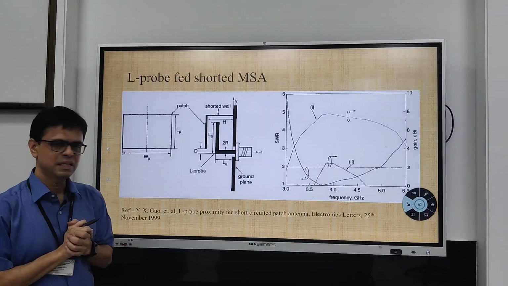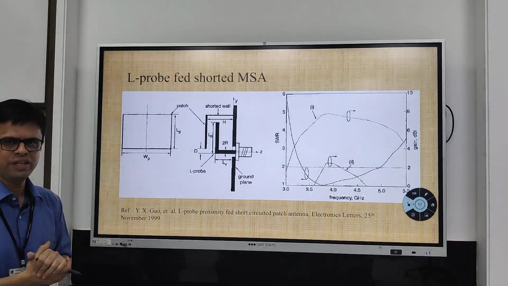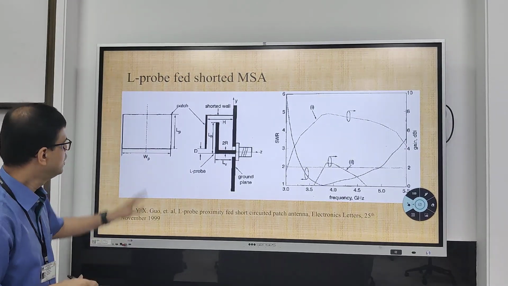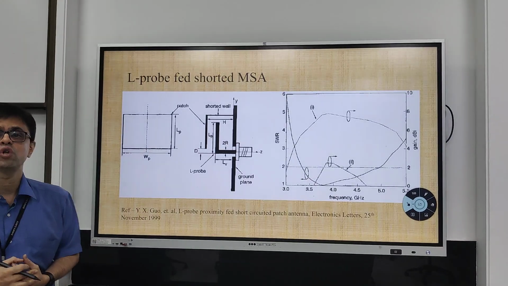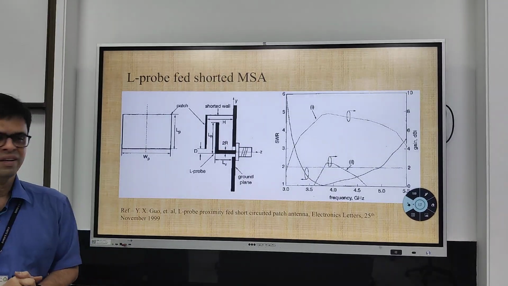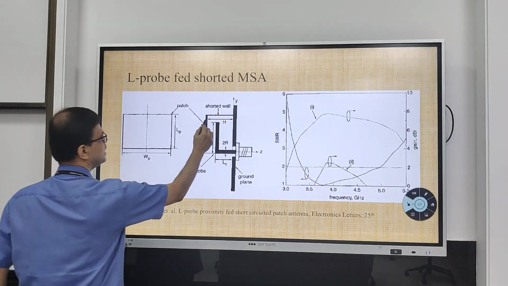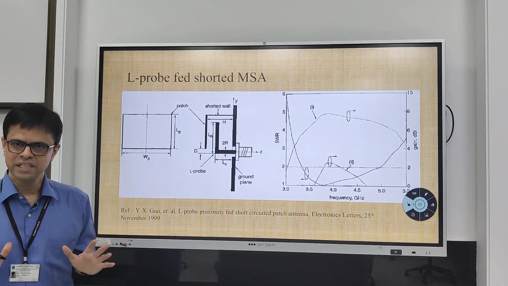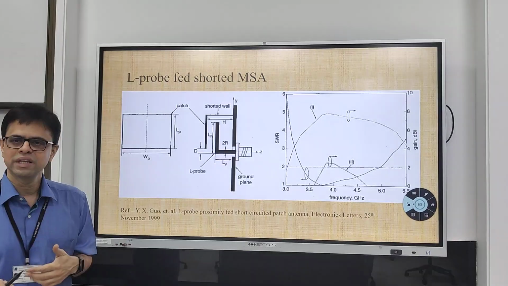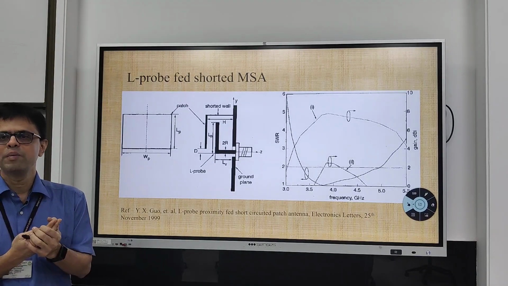Here, what I mean by this, if you see the configuration, this is one such design we are talking about. Here you have a shorted patch. So this edge of the patch is shorted to the ground plane, and then you are using a pretty thick substrate. Naturally, when you use a thicker substrate, it will add to the probe inductance.